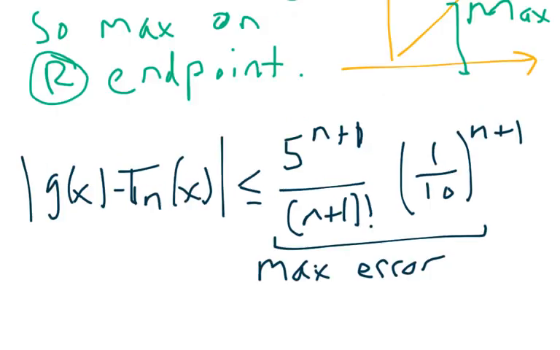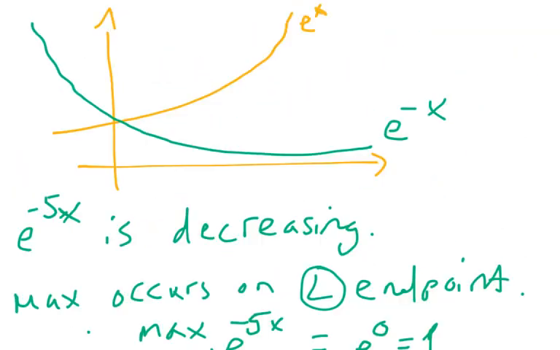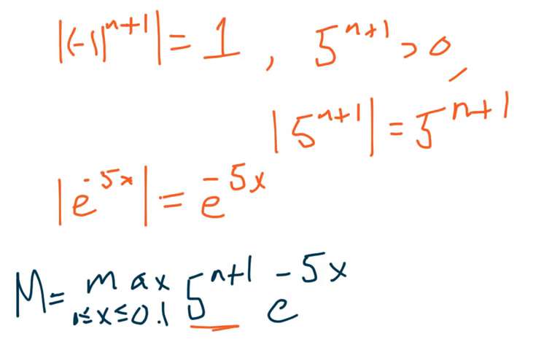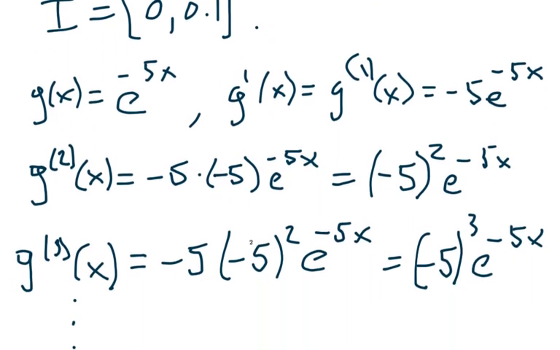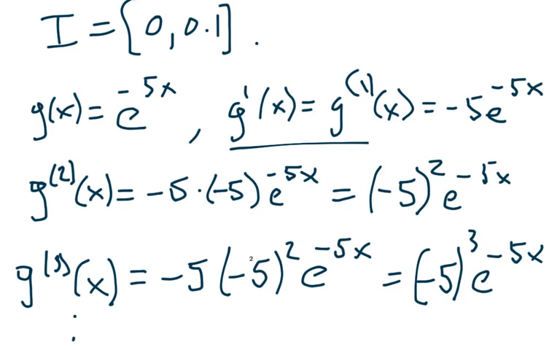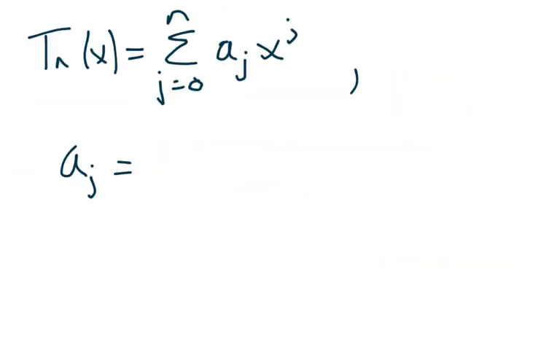Well, that's just the derivatives, right? This is aj. This one's a1. And we just plug in at the point that we want, at 0.